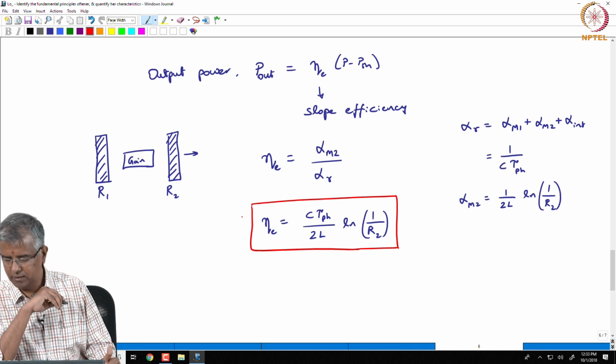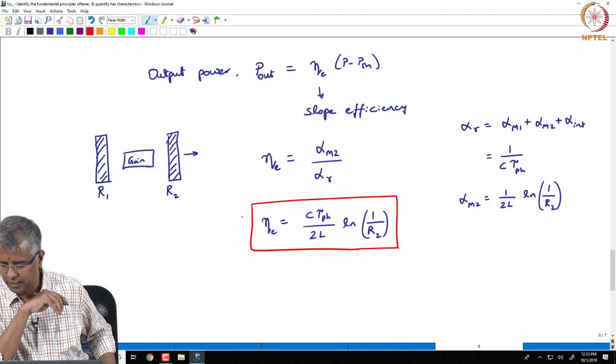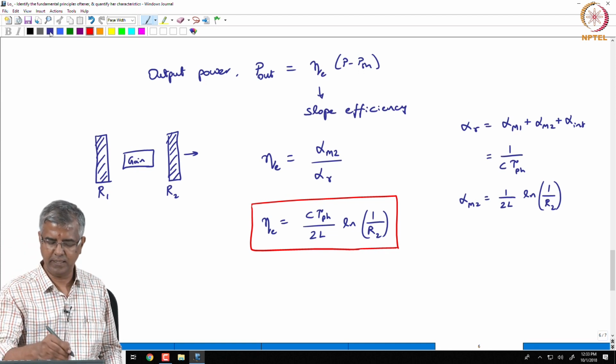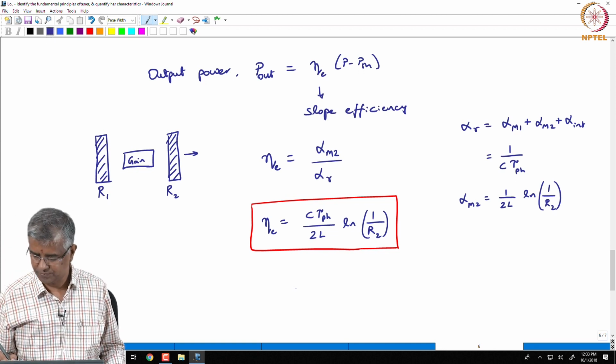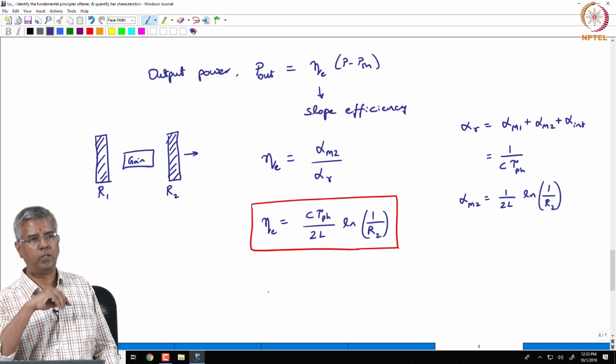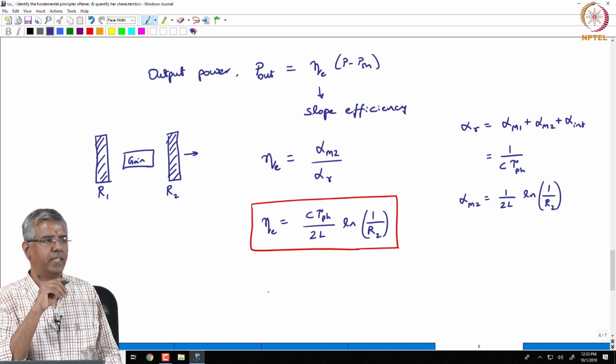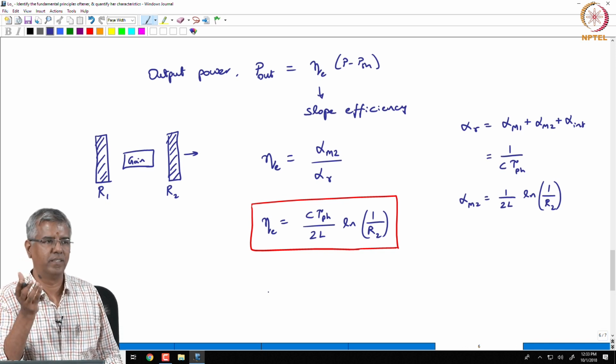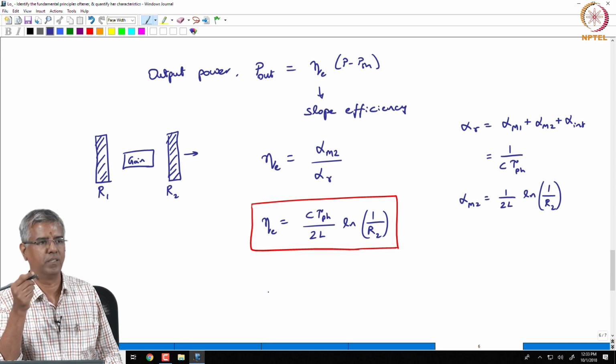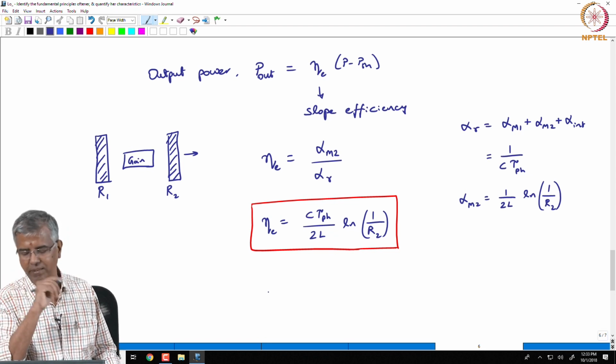Maybe it will make sense if I represent it slightly differently. 2L over c, what does that correspond to? That corresponds to some time. It corresponds to the round trip time for a photon inside the cavity.